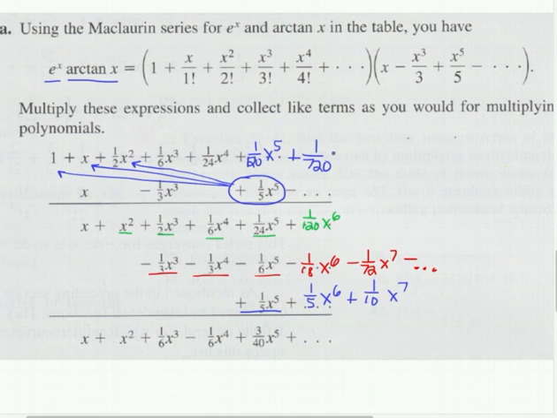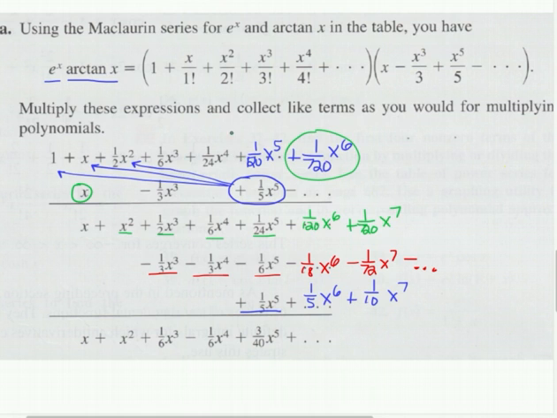So 1/720th x to the 6th. Let's go ahead and add one more term on here so we can get a little bit more accuracy, if we need it for our pattern. So, you guys remember this was x times 1, this would have been plus 1/720th x to the 7th when we went this guy times this guy.